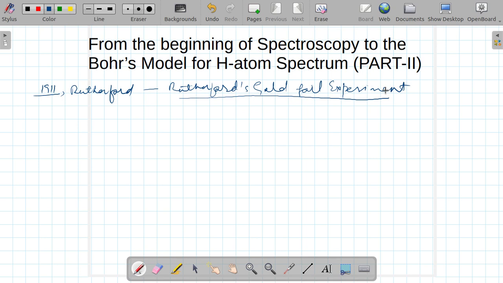I'm not going into the detail of this experiment here. Let me briefly talk about the proposed atomic model, which is based upon Rutherford's gold foil experiment.